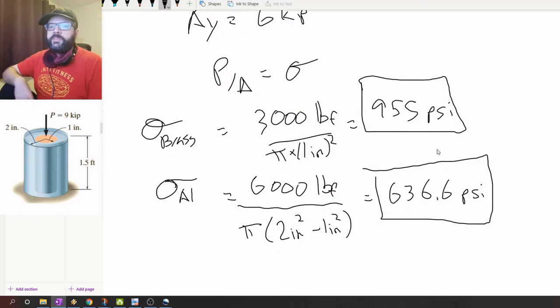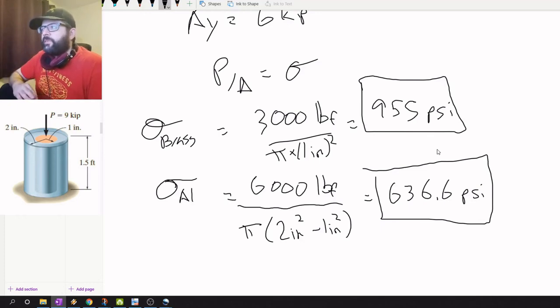So again, the aluminum is carrying a larger load. That's due to its larger cross-sectional area. If they had equal cross-sectional areas, then the aluminum would be taking less of a load, but it would still have a lower stress.